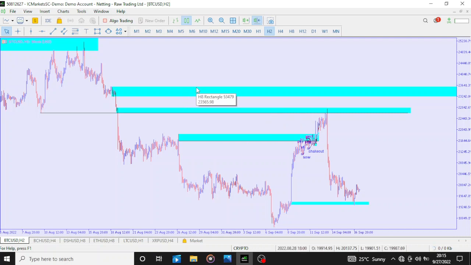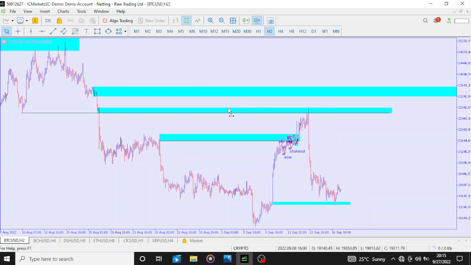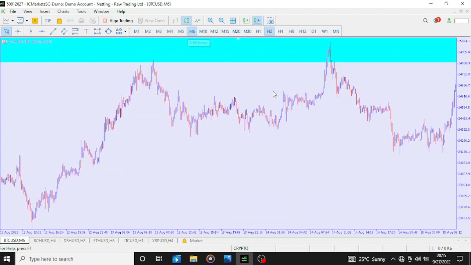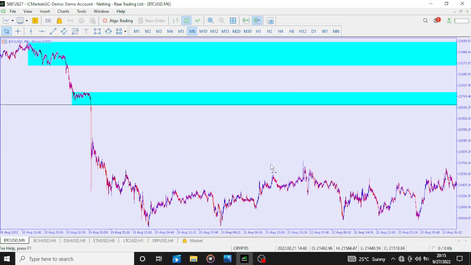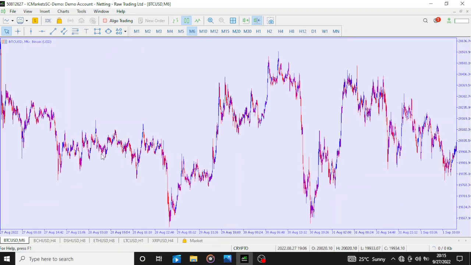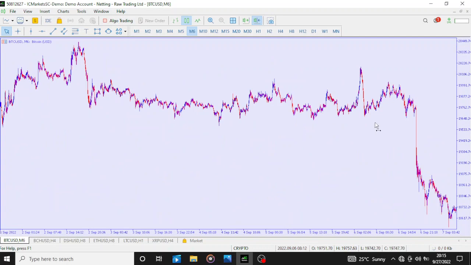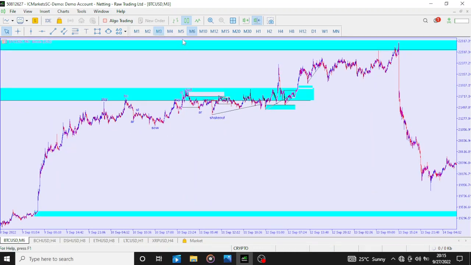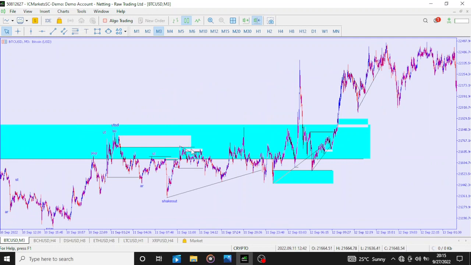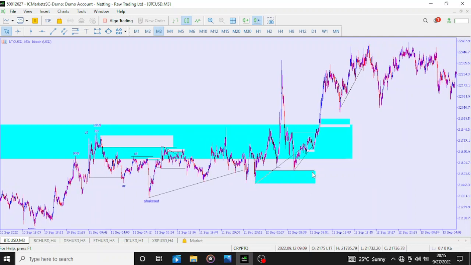And another lesson, we have to react to what the market is giving us, not what we want the market to give us. So yeah, guys, this was the 1:7, and this one to the upside was 1:12.